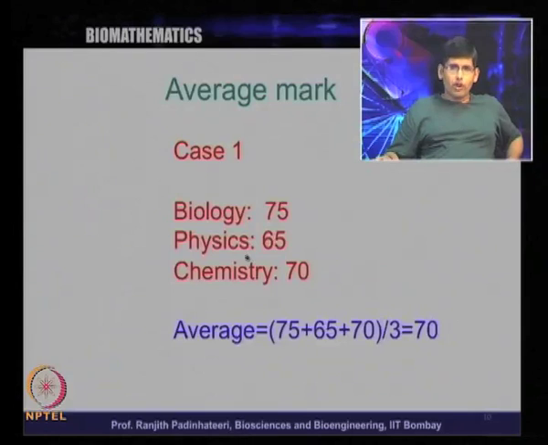But your friend will come and tell you, I also got average 70% marks. What are the marks she got? Your friend got 95 for biology, 40 for physics, 75 for chemistry, and the average of this, 95 plus 40 plus 75 divided by 3, is 70.